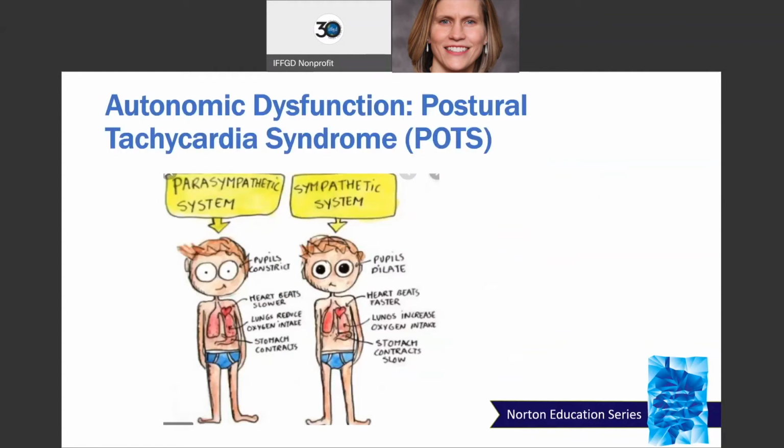I want to briefly bring up another complicating factor: the autonomic nervous system innervates the stomach, the upper GI tract, and most of the GI tract. This is formed by the parasympathetic and the sympathetic nervous system. This is a very simplistic way of looking at it, but this could underlie many functional GI disorders.